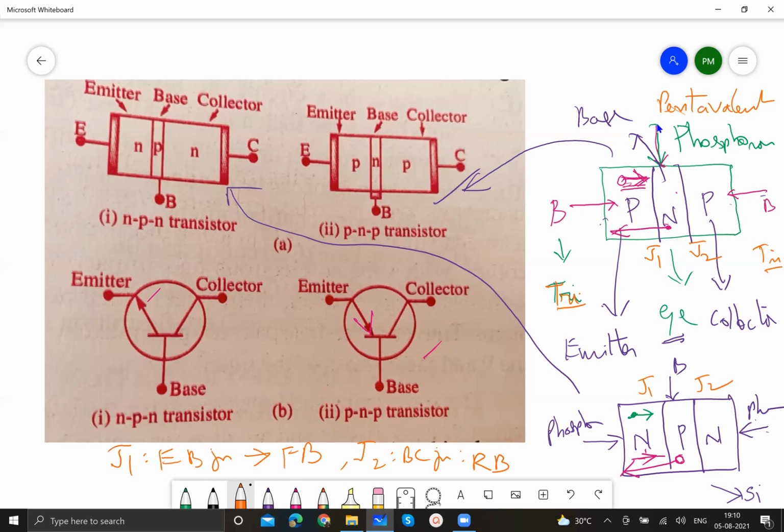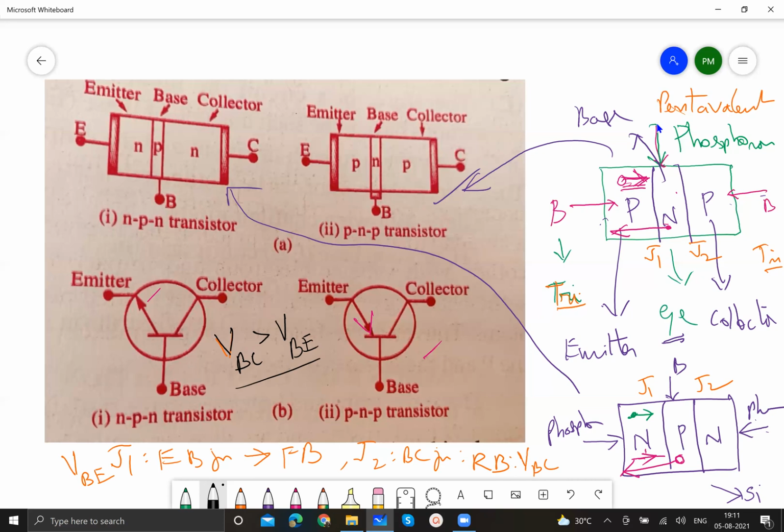Another thing, if suppose VBE is the voltage across the emitter base junction, VBC is the voltage across the base collector junction, then you must also remember that VBC should be greater than VBE.